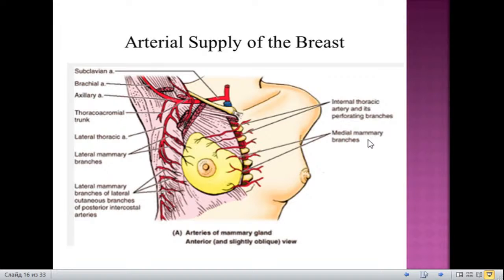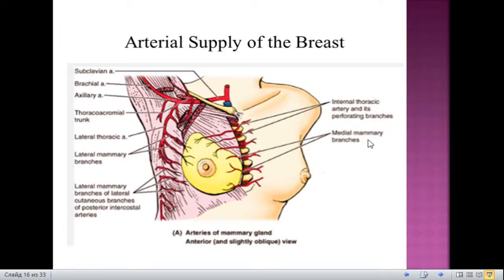These medial mammary arteries originate from the perforant branches of the anterior intercostal arteries coming from the internal thoracic.